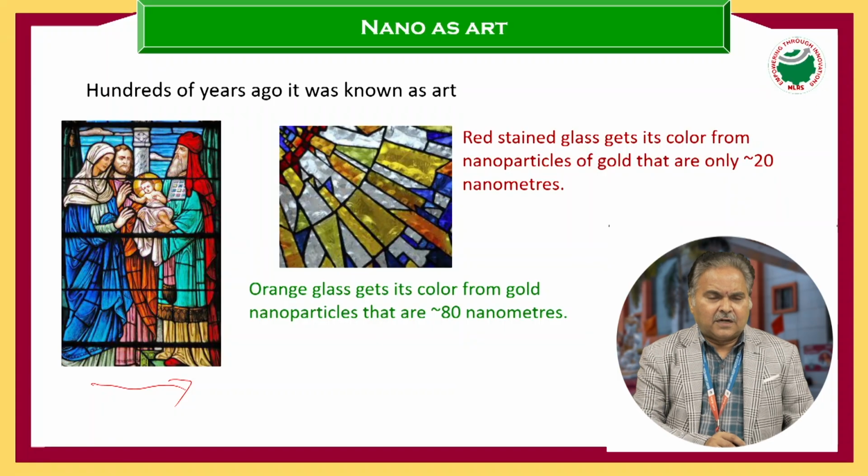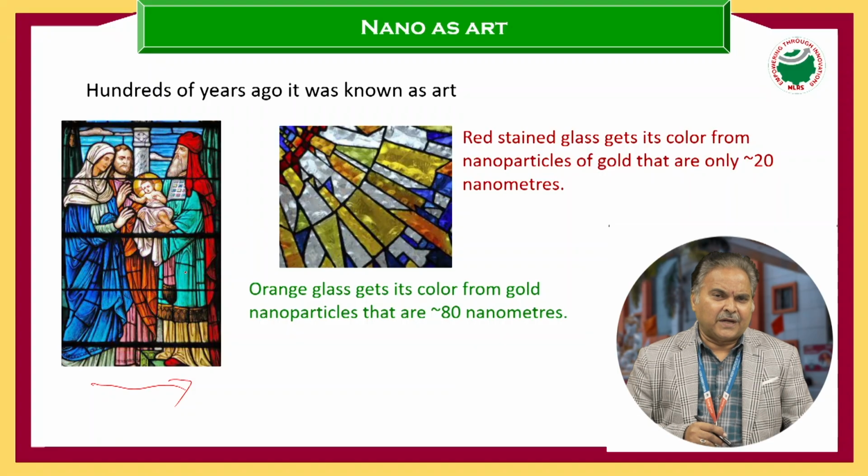At that time they didn't have different colors of paints. So the total painting may use only one material, but the different colors depend on the particle size. For clarity, you can see here the red ones. The red stains will be the color of gold nanoparticles, approximately 20 nanometers.